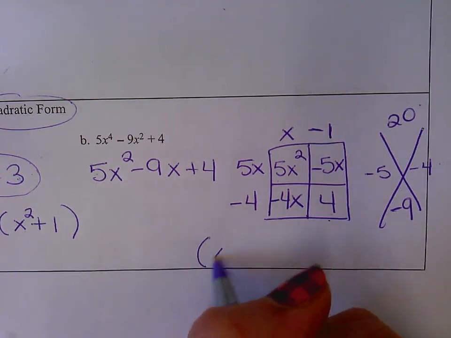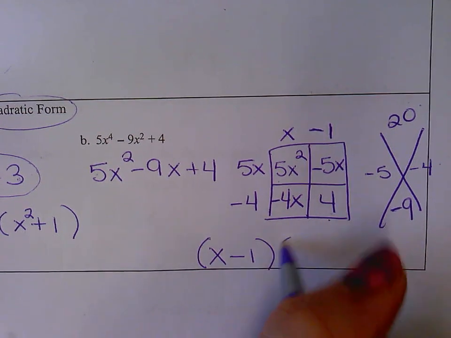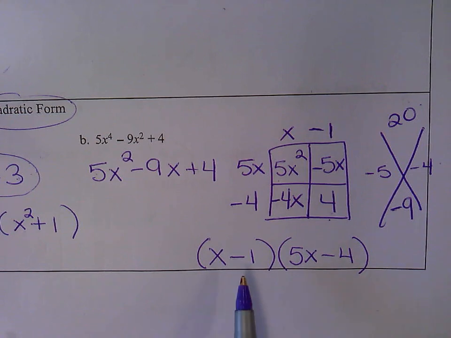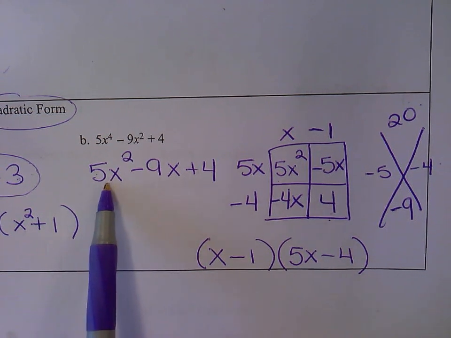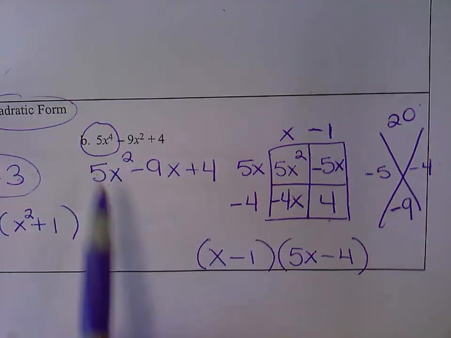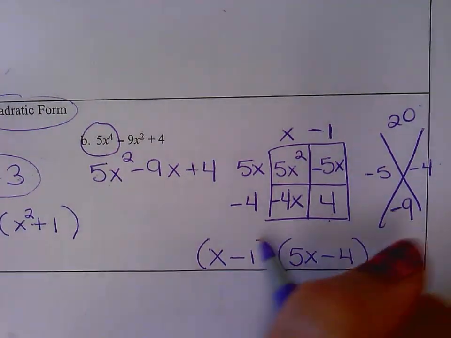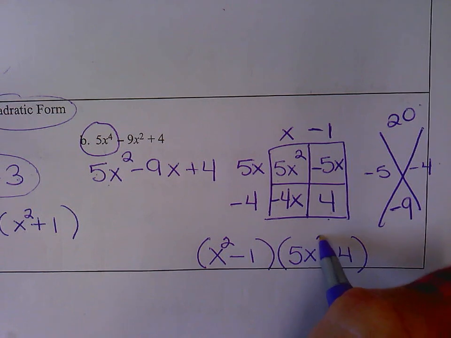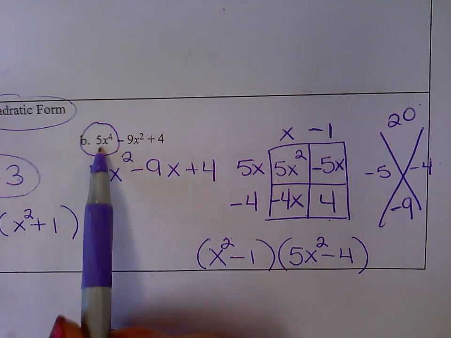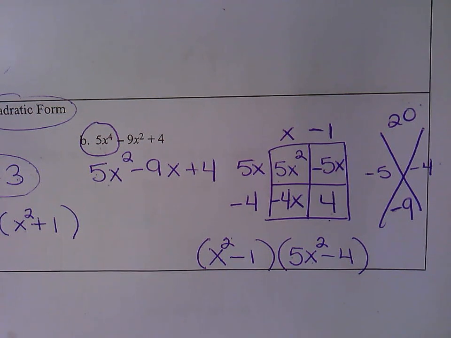So now I'm going to write my binomial x minus 1, 5x minus 4. But that only gives me back my 5x squared. So I need my power to be 5x to the 4th. So I make both of the x terms x squared and 5x squared to give me 5x to the 4th.